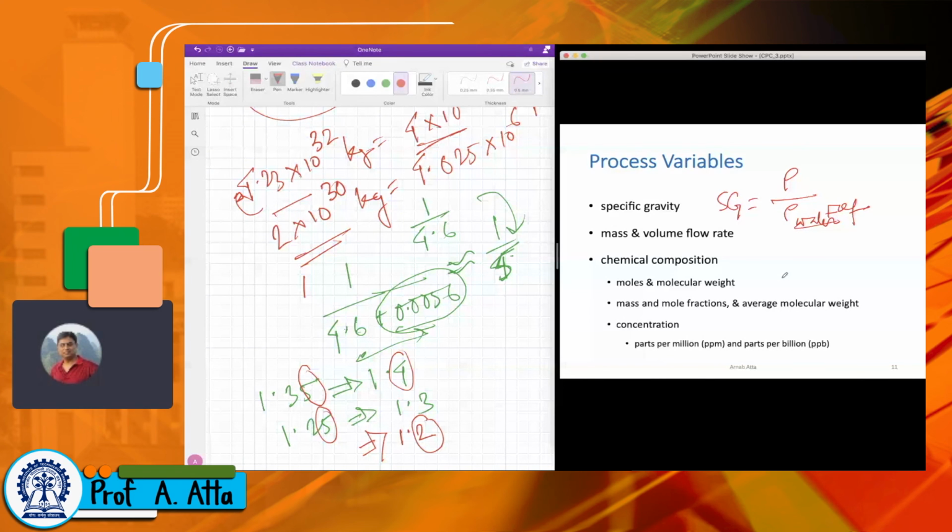When there is a mixture, how do you calculate average molecular weight? And finally, the concentration. Before we go, can you tell me how you measure mass and volumetric flow rate? You have started your fluid mechanics class, right?